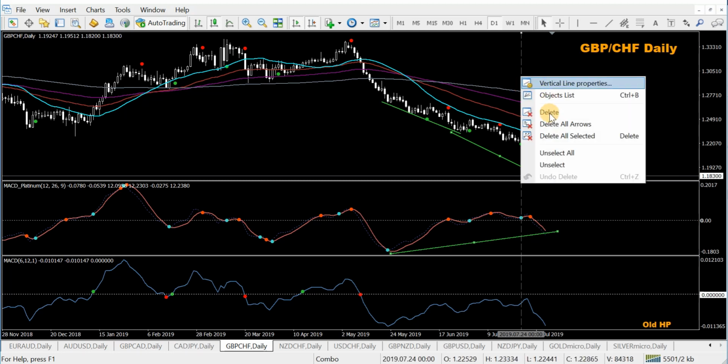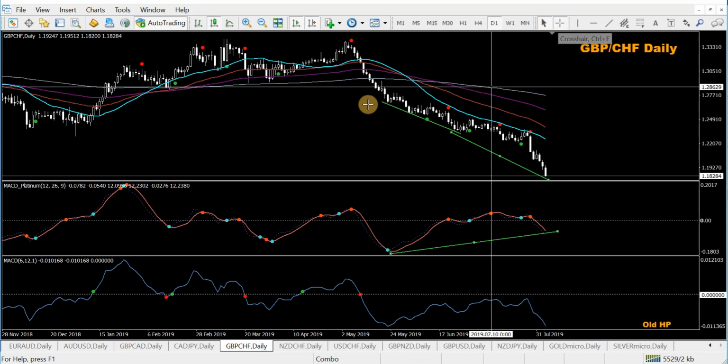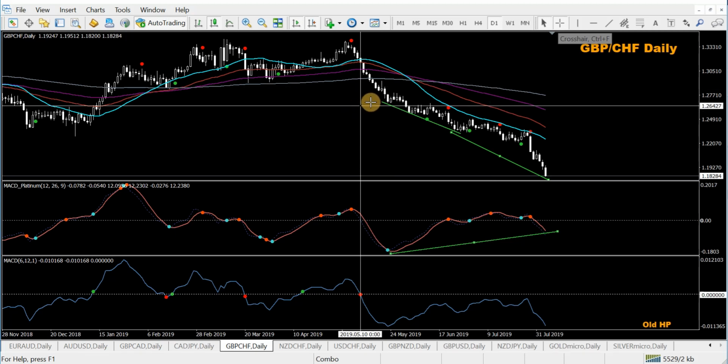There's nothing much happening here at all. Definitely looking for buy signals now. You can see the big divergence. MACD's below the zero level. And this is an old HP trade now. If I'd gotten in on this one using this method, I would have been in a Mod MACD trade there, and I would have stayed in all the way down to there, which is a bucket load of pips.